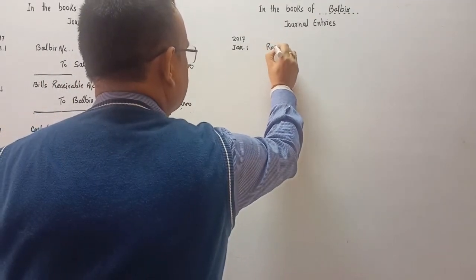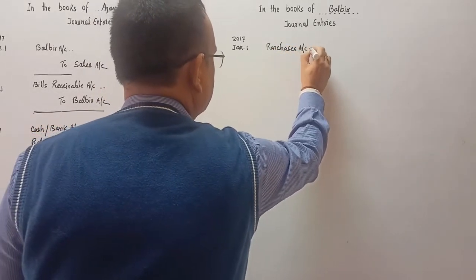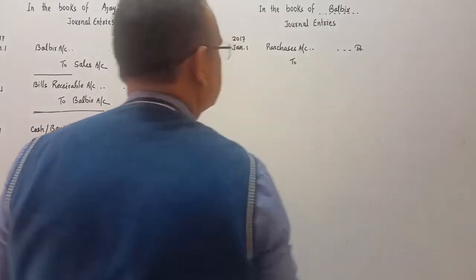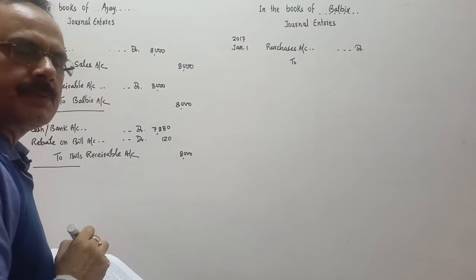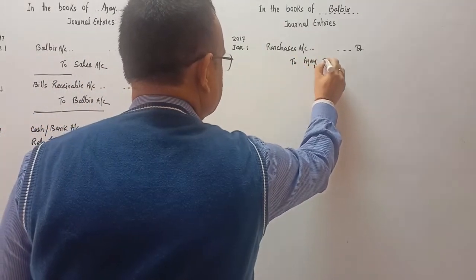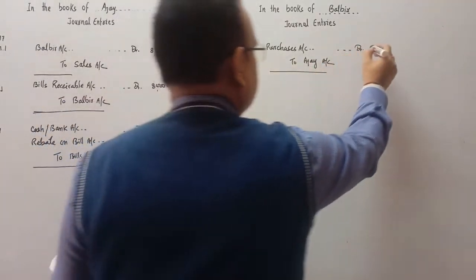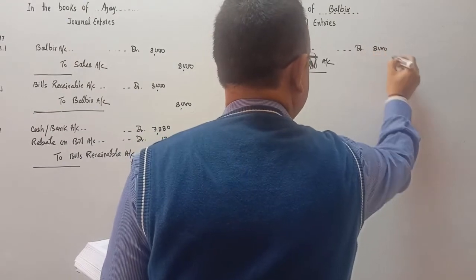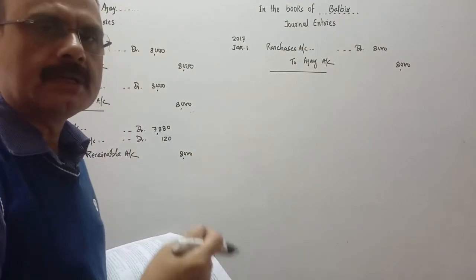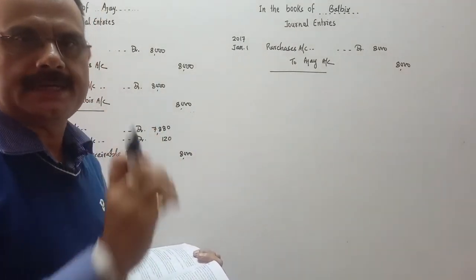So he will do the entry: purchase account debit, to Ajay account, or you may just write Ajay as well. Goods purchased for rupees 8,000. We will write the narration: being goods purchased on credit.